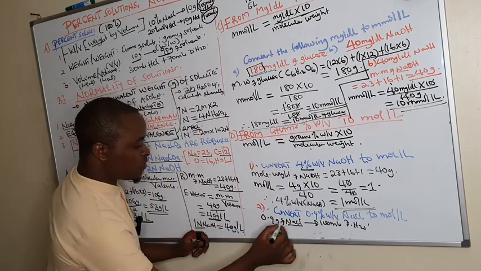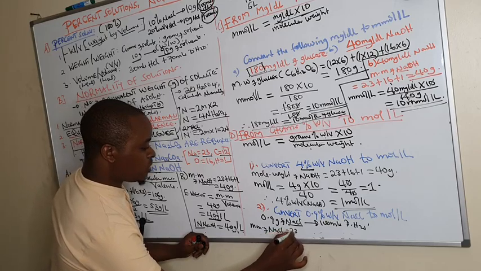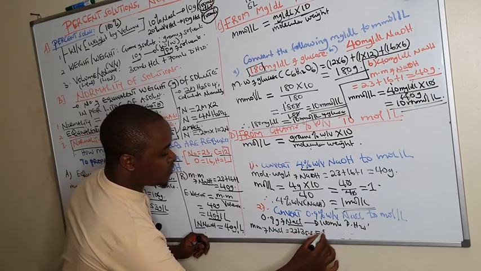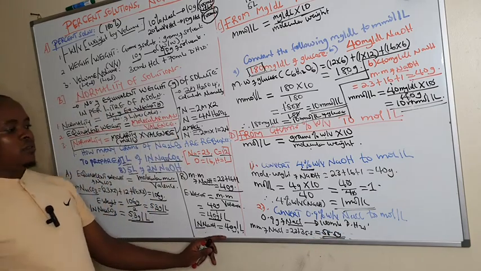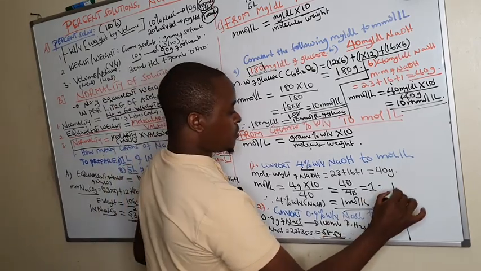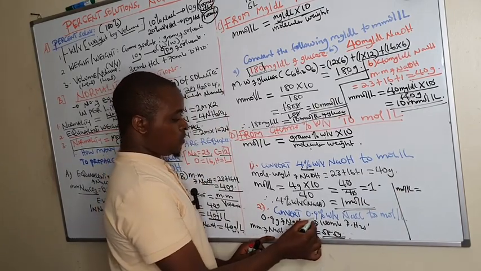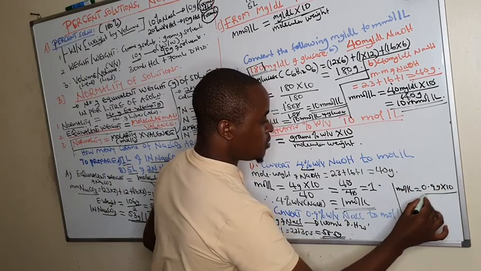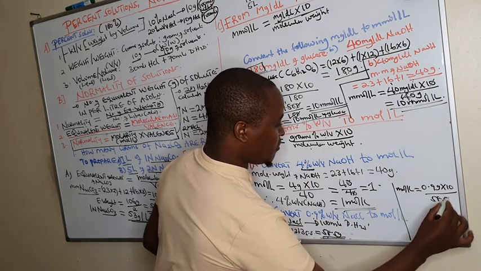So the next thing is to look for the molecular mass of sodium chloride, whereby sodium is 23 and chlorine is 35.5, which is 58.5 grams, the total. This is the molecular weight. So to get the mole per liter is equal to grams, which is 0.9 grams times 10, then you divide by the molecular weight, 58.5.